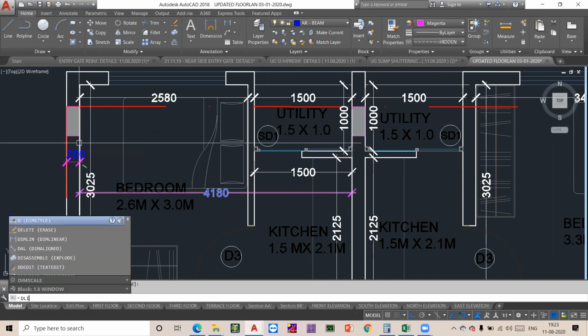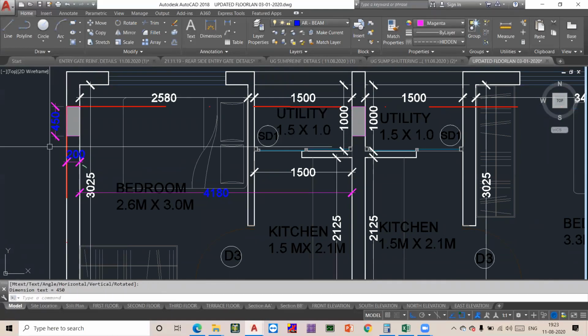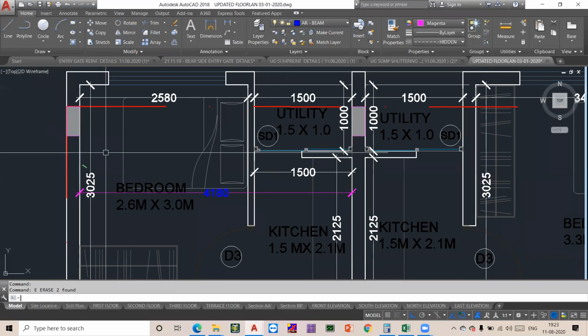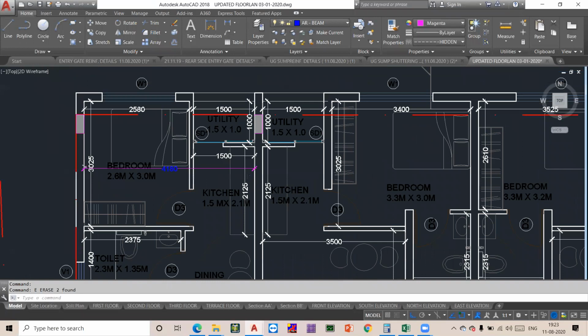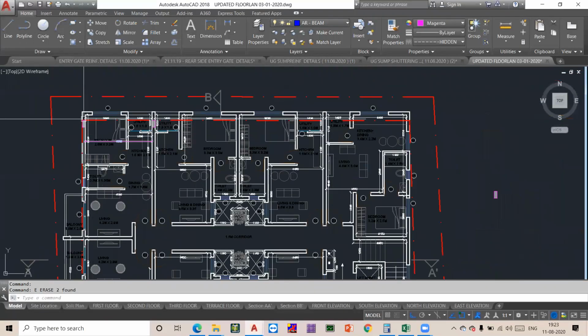Hence, to begin with, we have assumed 200 width column, and the minimum dimension we will be provisioning to any column will be 450. So we have started with column size of 200 by 450, and we started locating the columns from one of the corner of the building.